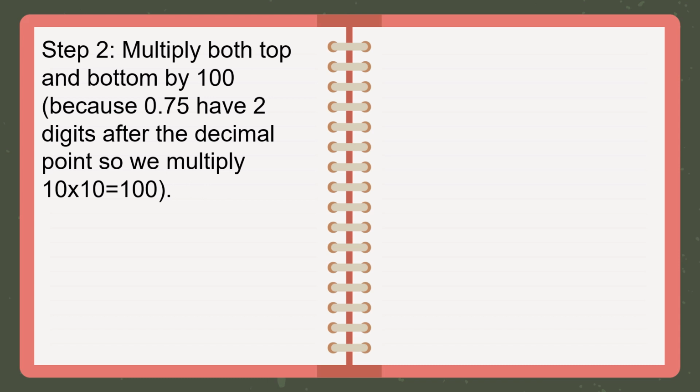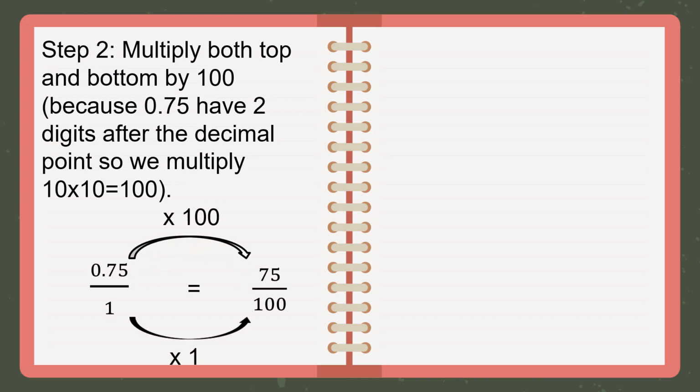Because 0.75 has 2 digits after the decimal point, we multiply 10 times 10, which is equal to 100. Let's take a look at the number below. Look at the numerator. 0.75 times 100 is equal to 75. 1 times 100 is equal to 100 for the denominator.